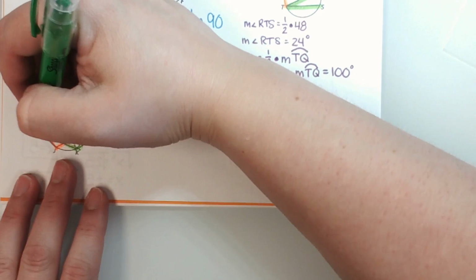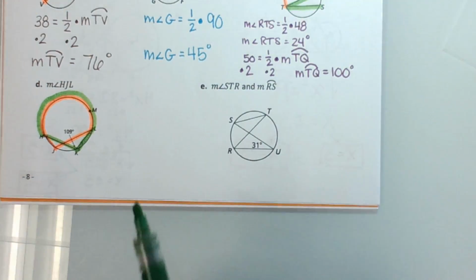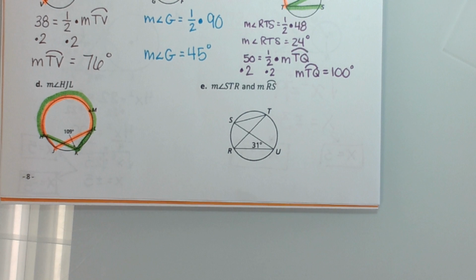Its arc goes from here to here all the way around. Wait a second. Do those 2 inscribed angles have the same arc? Yes. Start at H, end at L, go through M along the way.